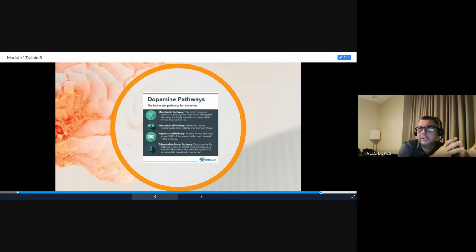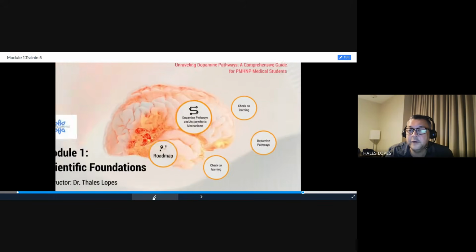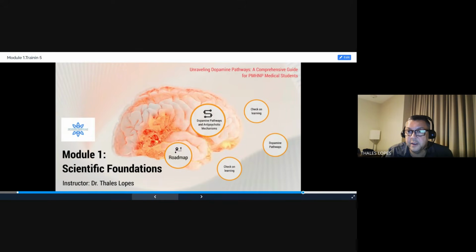Blockade is one thing, meaning when we give antipsychotics. The other thing is when we don't have antipsychotics on board. Any questions about the dopamine pathway at all? Anyone has a different way of explaining this pathway that they would like to share? If not, we'll keep on moving.